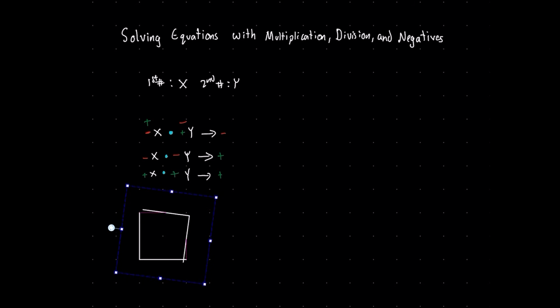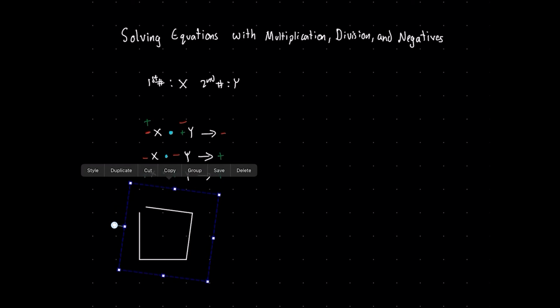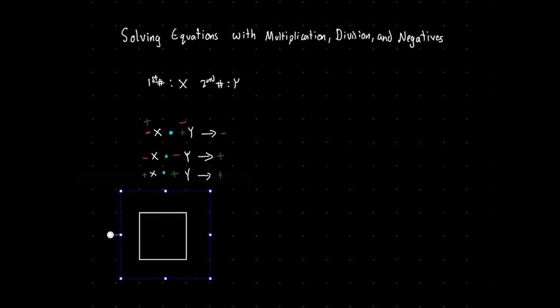Okay, so at the top of this grid, and this grid is going to be for multiplication, we're going to have positive and negative. And inside this grid, we will have what the result is going to be for each.